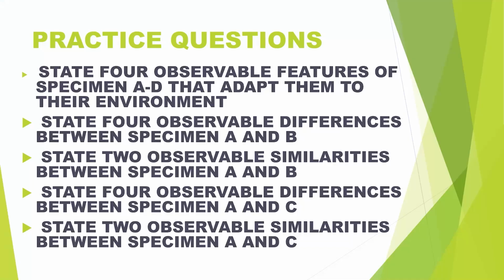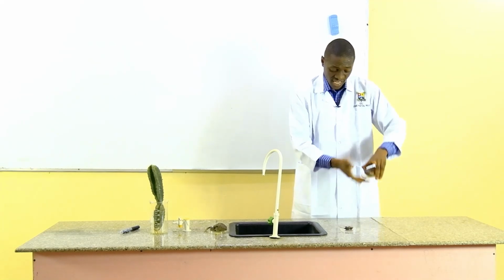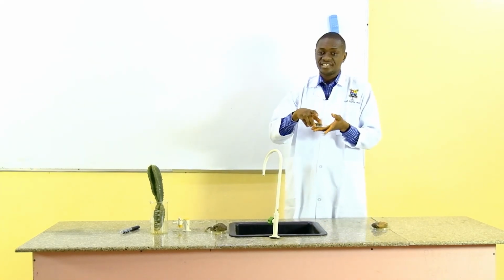Now, let's go to the next practice question. The next practice question says that we should state four observable differences between specimen A and specimen B. Specimen A is tilapia fish, specimen B is rat.